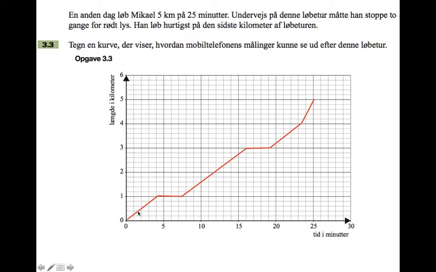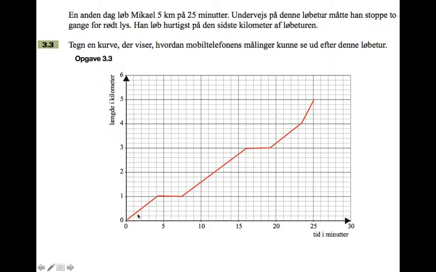So you've got him running for a bit, and then it's flat where he had to stop, running for a bit again, then it's flat where he had to stop, and then he's running again, and then the last kilometer, so from 4 to 5 here, is the steepest part of the graph because that's where he's running the fastest. So it's steeper than any of these other parts where he's running.